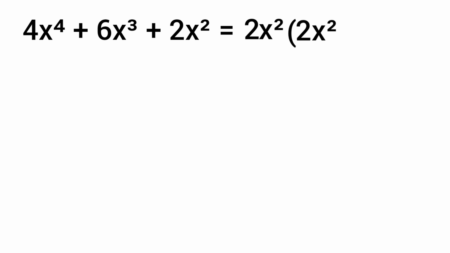From 6x cubed, if you bring out 2x squared, you are left with 3x alone. Then from 2x squared, you bring out 2x squared, you are left with 1. So your answer will be 2x squared into bracket 2x squared plus 3x plus 1.